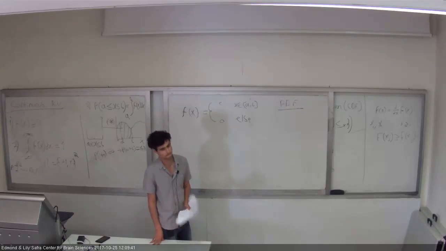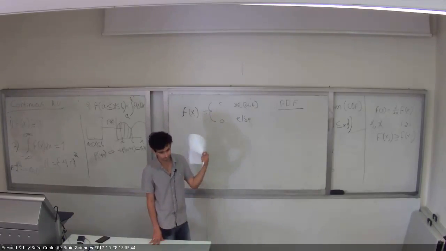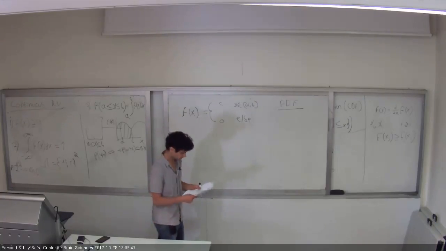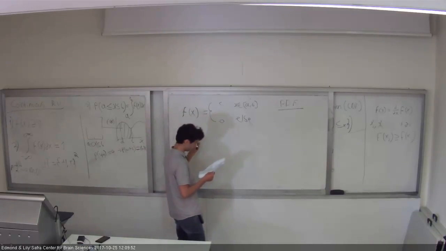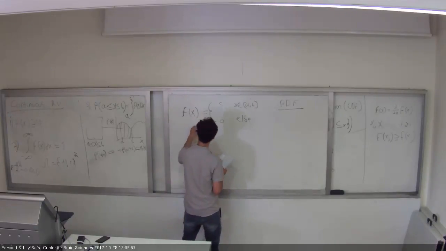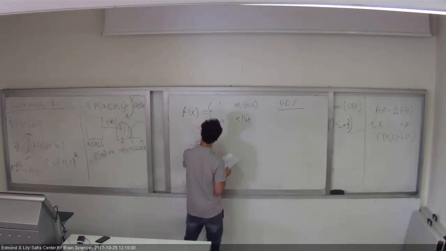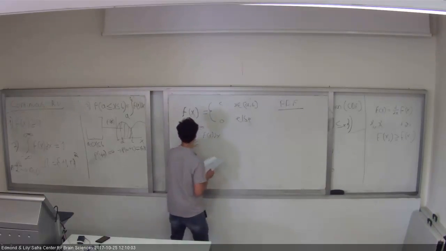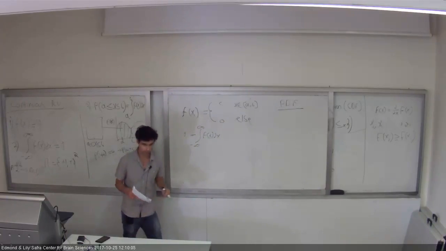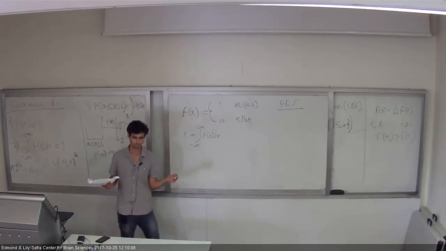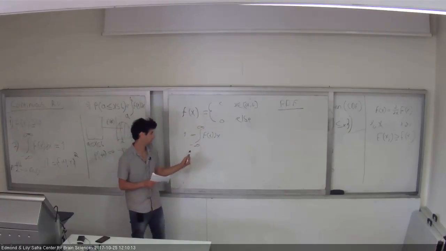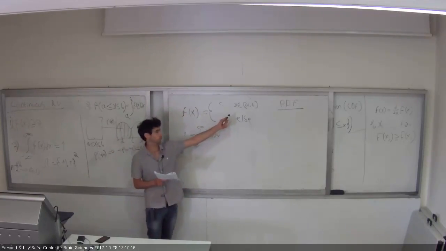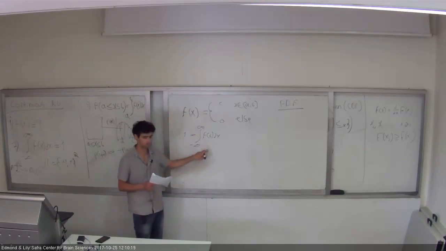Now, first of all, let's find c. How can we find c? Yeah, exactly. Because we know the normalization condition, that the integral from minus infinity to infinity of f of x dx is equal to 1. And outside of the interval between a and b, what is this integral?